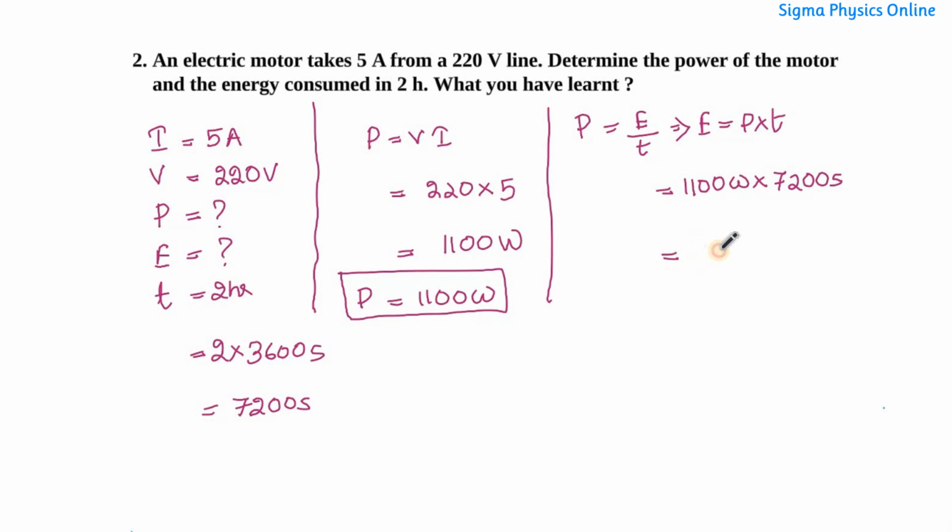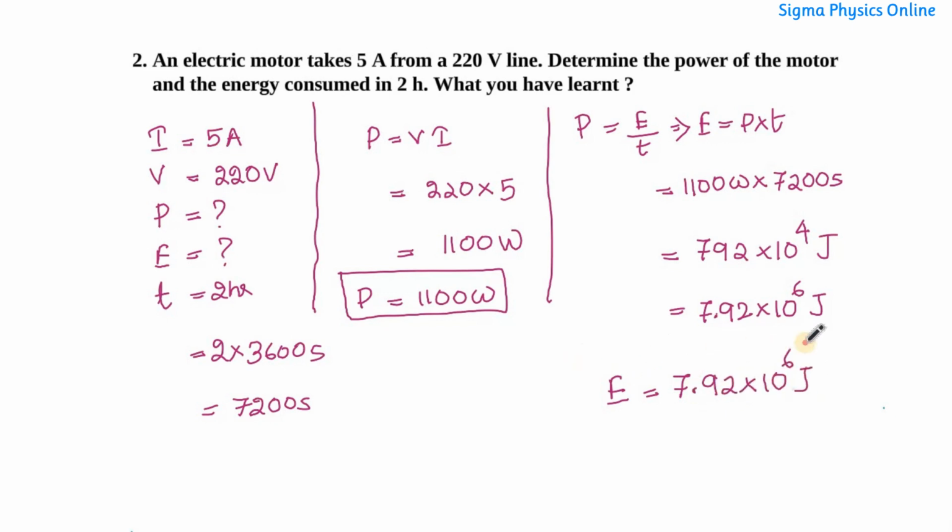So the value comes to be 792 into 10 to the power 4 joule, which is equal to 7.92 into 10 to the power 6 joule. So the energy consumed in 2 hours is 7.92 into 10 to the power 6 joule.